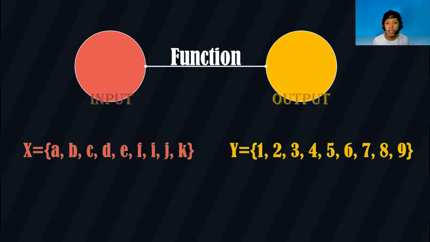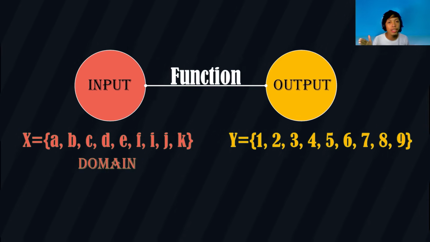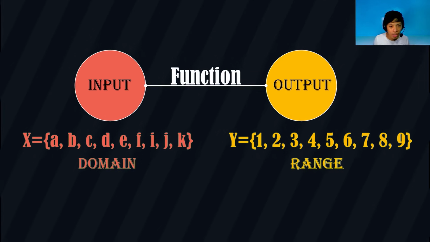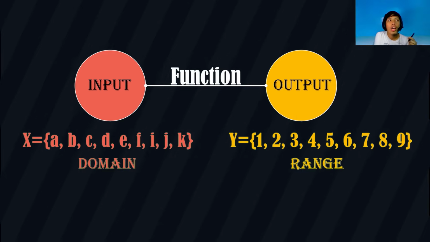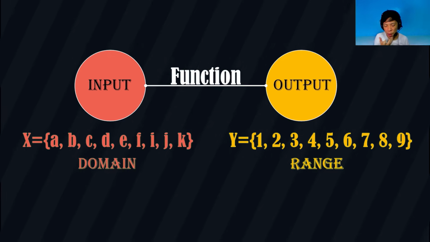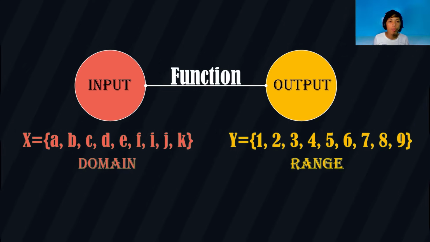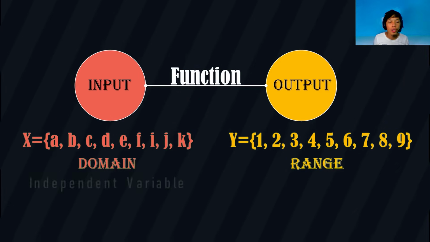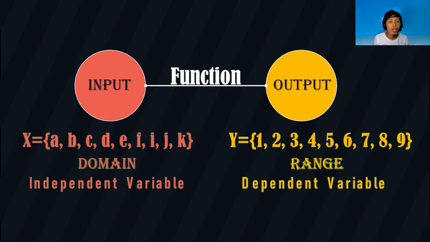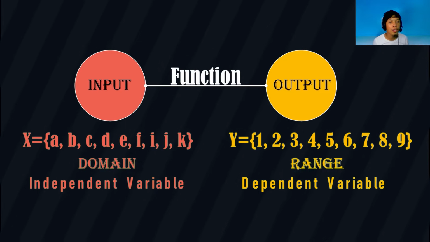And the set X is what we call the domain, and set Y is what we call the range. And since we'll be dealing with functions written in equation form, your X here will be what we call the independent variable, and your Y here will be called the dependent variable. You have heard independent and dependent variable twice now.